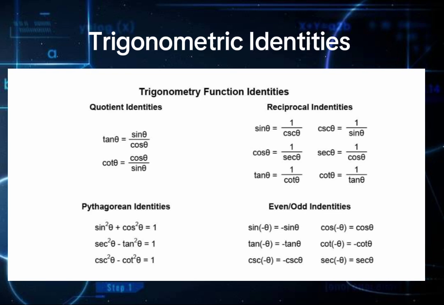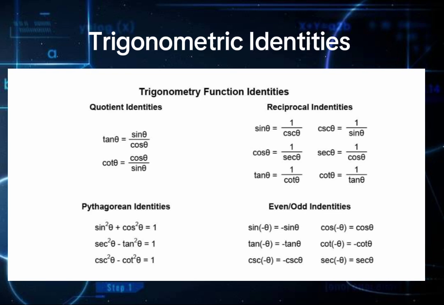Tangent theta is equal to sine theta over cosine theta, and cotangent theta is equal to cosine theta over sine theta. In our previous lessons, we learned that sine theta is the reciprocal of cosecant theta, cosine theta is the reciprocal of secant theta, and tangent theta is the reciprocal of cotangent theta, and those are our reciprocal identities.